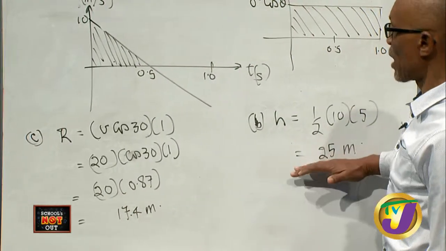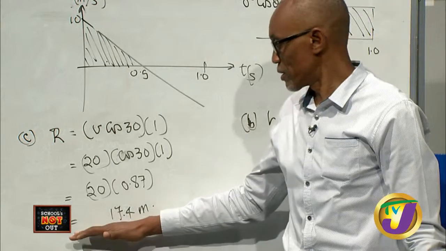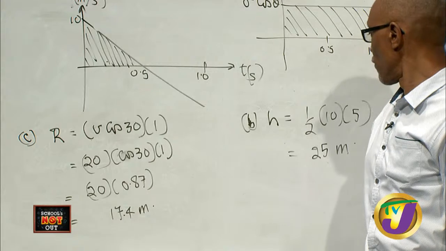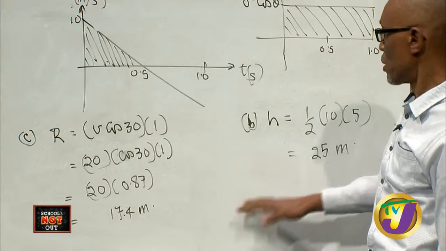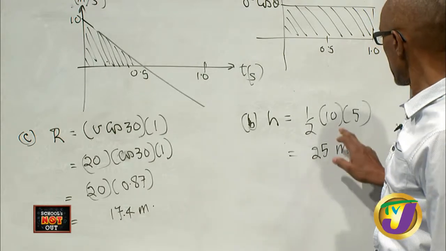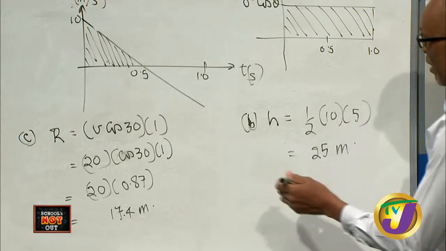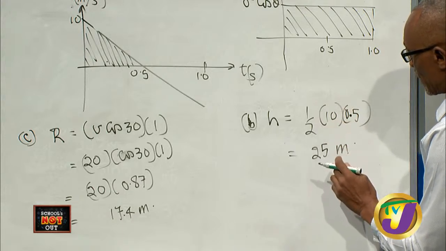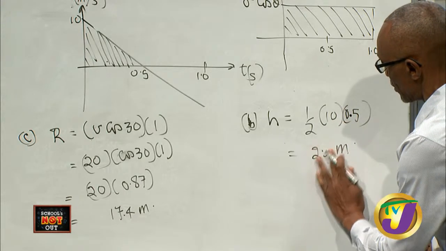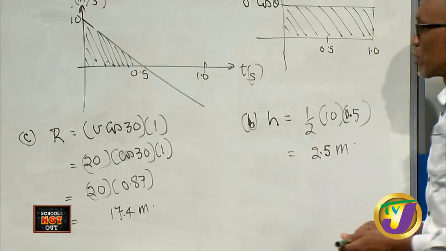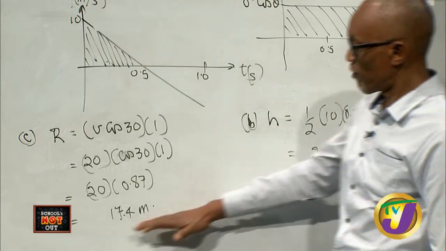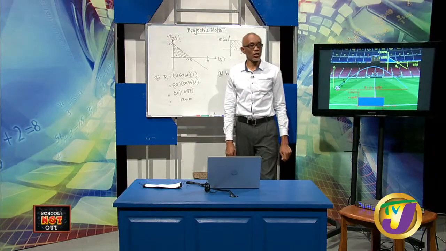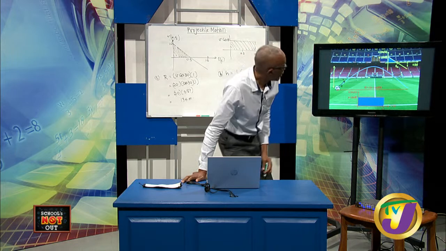So it goes up to a maximum height of, I think that H, this is not 5, but this is 0.5. My apologies. 10 times 0.5 is 2.5 meters. It goes up to a maximum height of 2.5 meters and a horizontal distance of 17.4 meters.